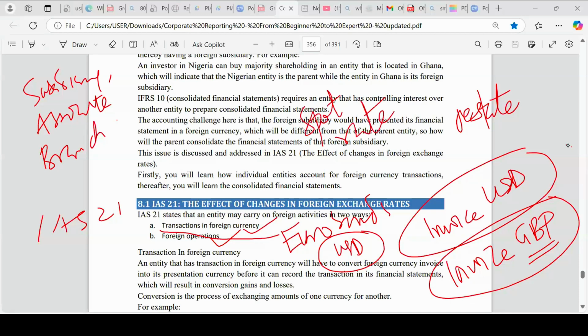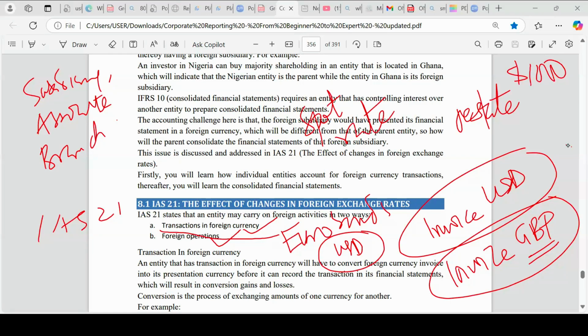So if a Nigerian company enters into a transaction with another company in the United States today, and they were invoiced today, let's say $1,000, and the exchange rate as of today is, let's say, 1,500 to $1.